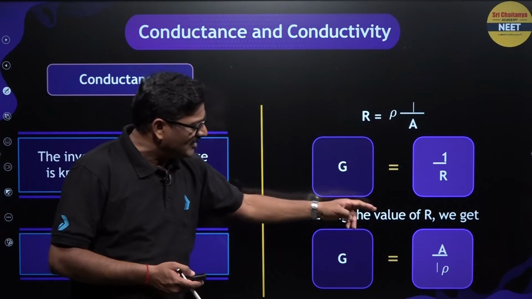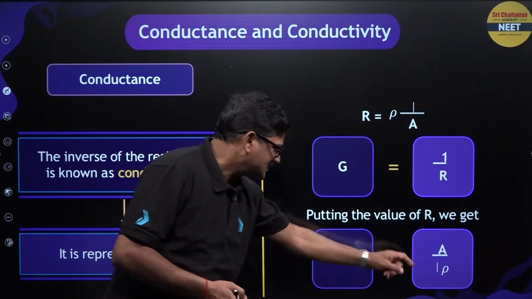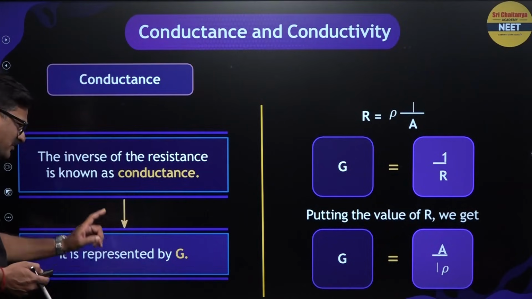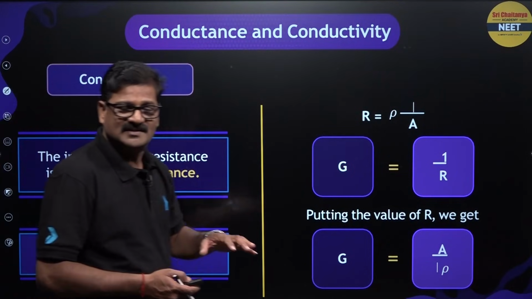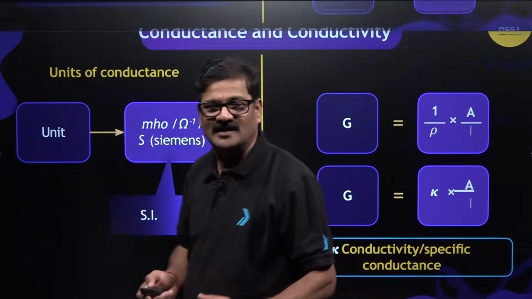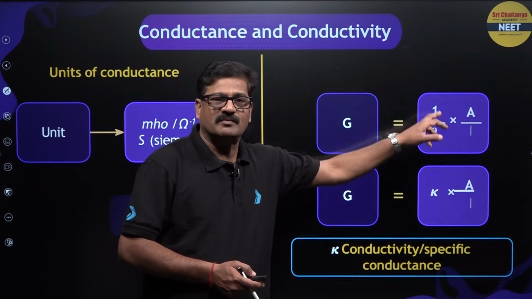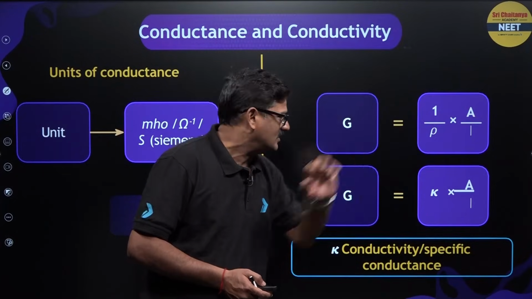G is A by L into 1 by rho, and it is represented by G, conductance. And you are coming to a cell constant called G star here. In G star, G is equal to 1 by rho into A by L.